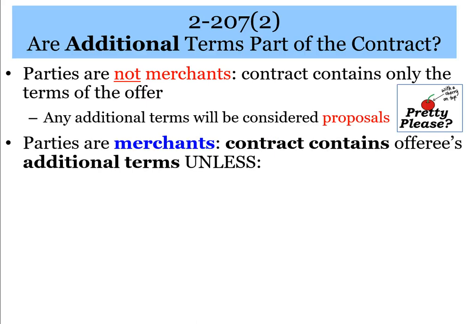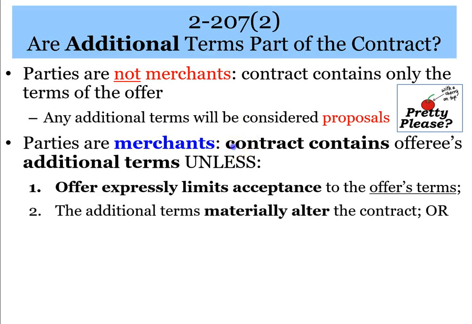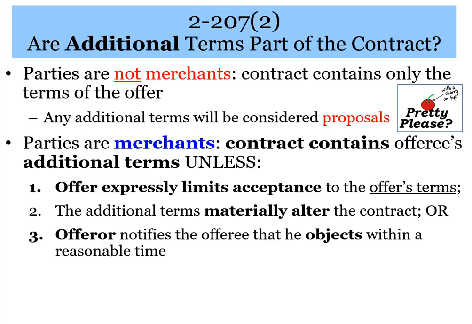If the parties are both merchants, the additional terms will become part of the contract unless the offeror can show one of three things: that the offer expressly limits acceptance to the offer's terms, that the additional terms materially alter the contract, or the offeror notifies the offeree that he objects within a reasonable time.